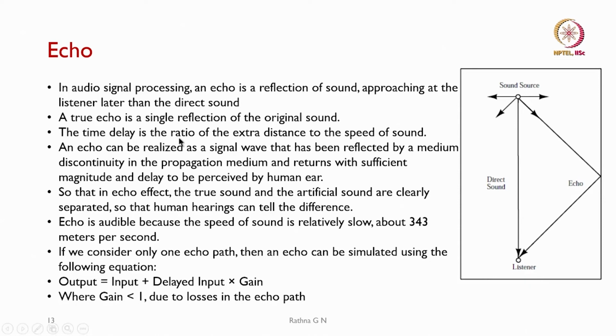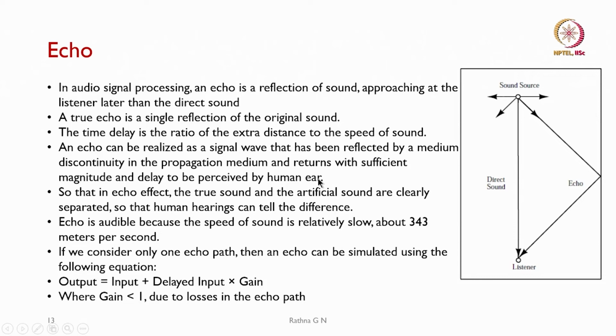The time delay is the ratio of the extra distance to the speed of sound. An echo can be realized as a signal wave that has been reflected by a medium which has a discontinuity in the propagation medium and returns with sufficient magnitude and delay to be perceived by our human ear.